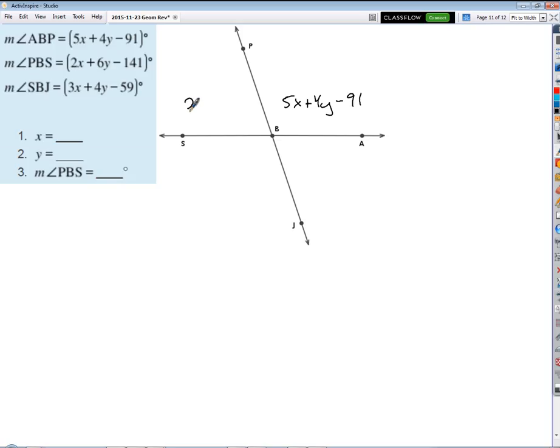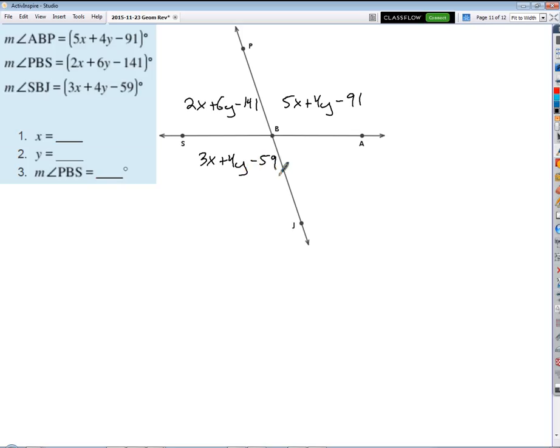PBS is 2x plus 6y minus 141, and then SVJ is 3x plus 4y minus 59.